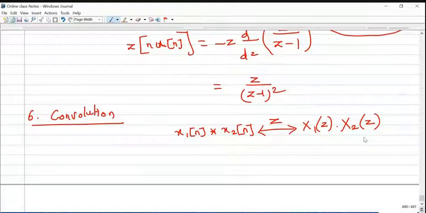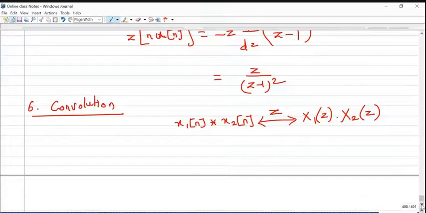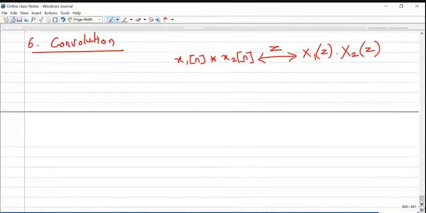We studied an example in DTFT, Laplace transform and Fourier transform too. In all the transformations, we discussed one example for the convolution problem. Find the convolution between two signals using Z transform: find x1 of Z and x2 of Z, and multiply together.